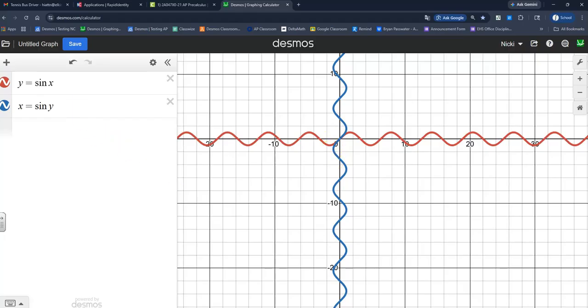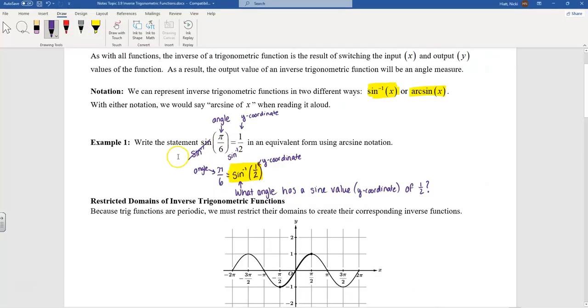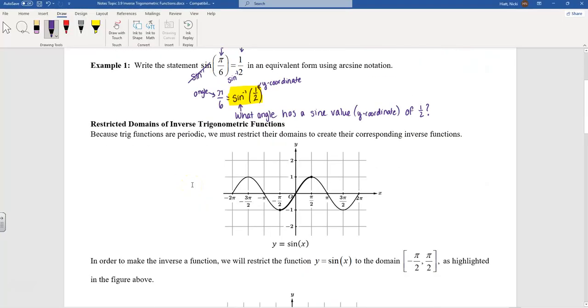So whenever we are talking about inverse trig, we are going to have to restrict some domains in order to get values that are functions here. So if we look at this graph, we need to pick a section of this graph that when we flip it, it can pass the vertical line test.